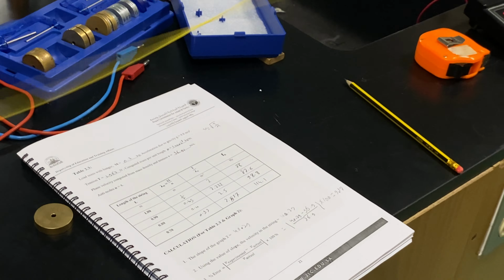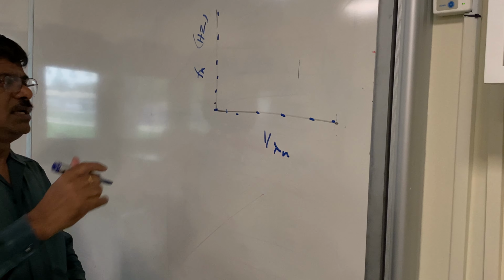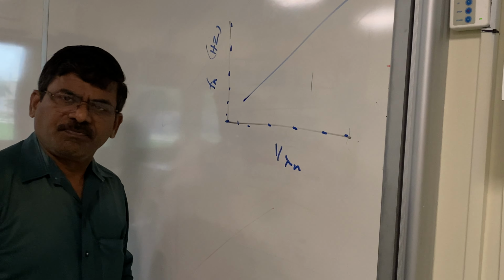This is graph 1. This is Fn. What is the unit? Hertz. You can take some values, right? You know how to calculate it. This is 1 over lambda n. You will get a straight line.